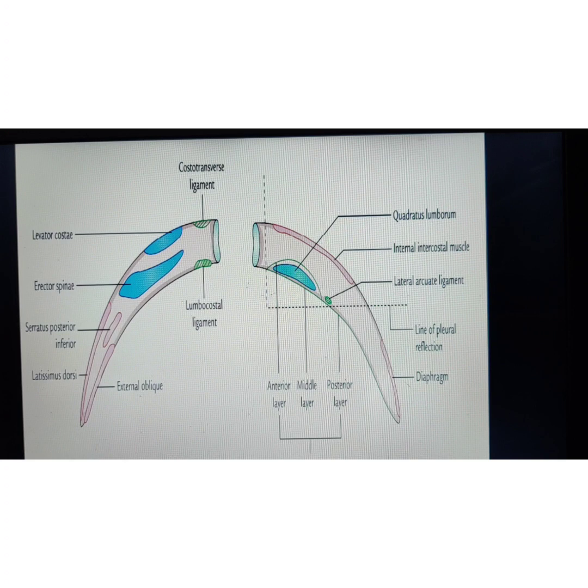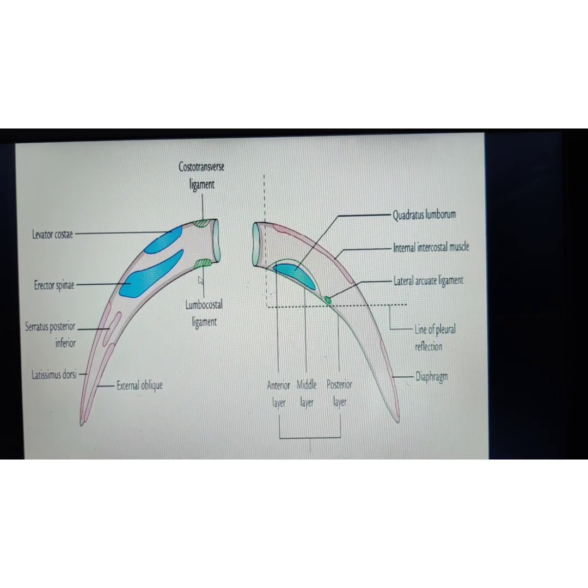So these are the attachments of the 12th rib, the outer surface or the posterior surface, and the inner surface or the anterior surface.